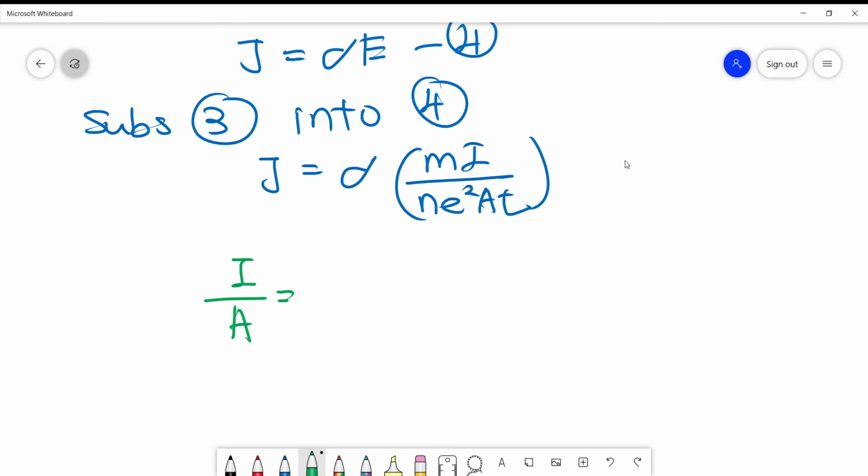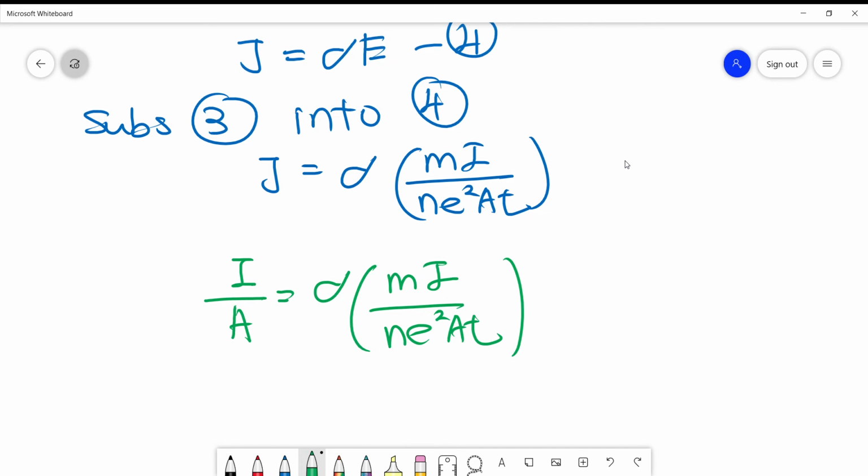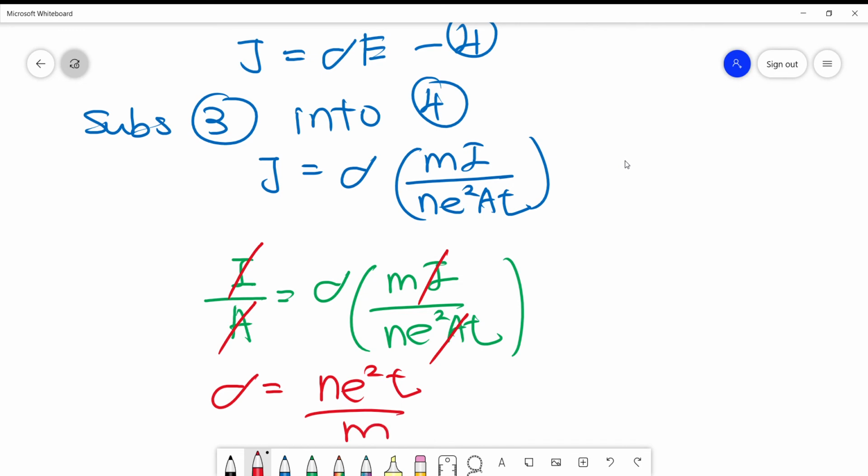So we convert it into another form, and the other side remains. For the next step, we simplify. Since I can be cancelled and the cross-sectional area of the wire can be cancelled as well, the final formula for the conductivity is sigma equals ne squared t over m. So this is the final formula.